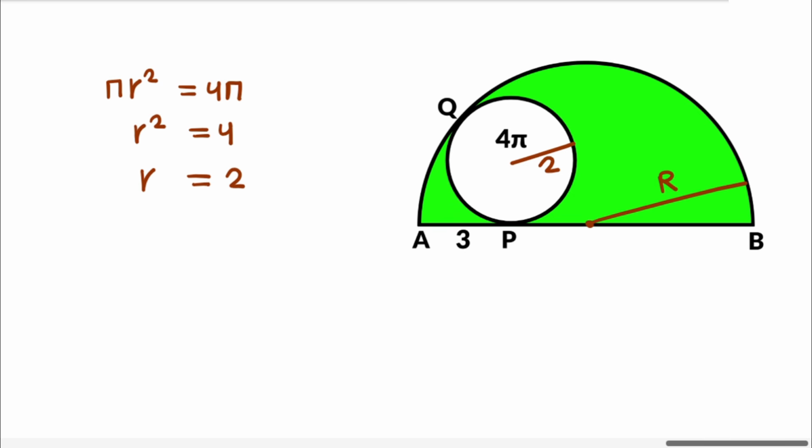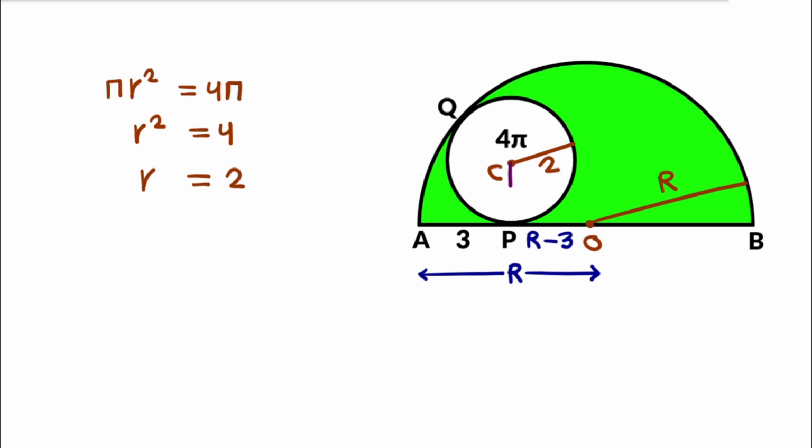Mark the center of the semicircle as O and the center of the smaller circle as C. Since O is the center of the semicircle, the distance AO equals R. And since AP equals 3, the segment PO must be R minus 3.